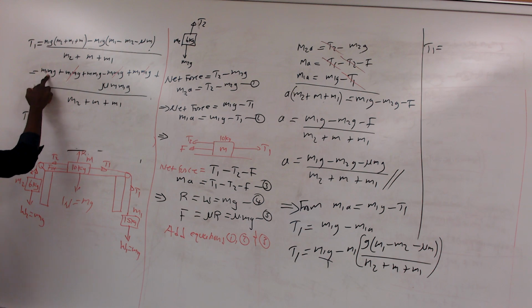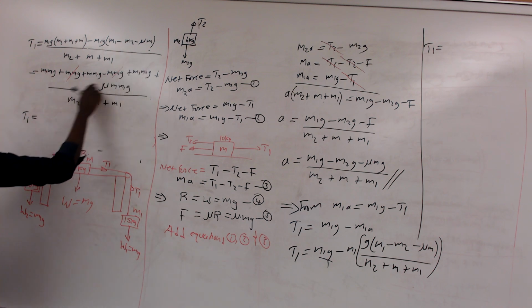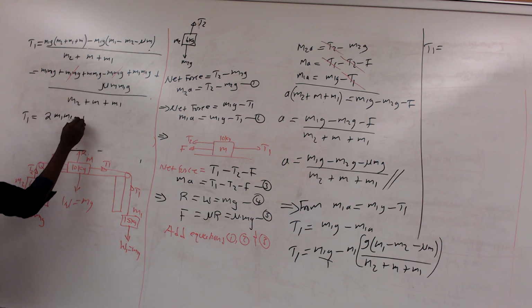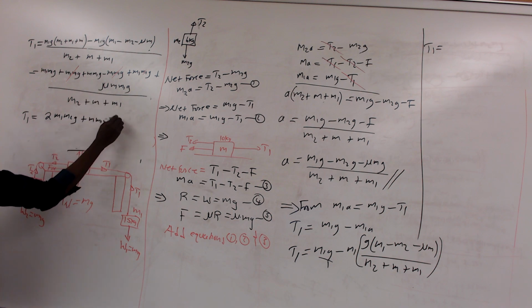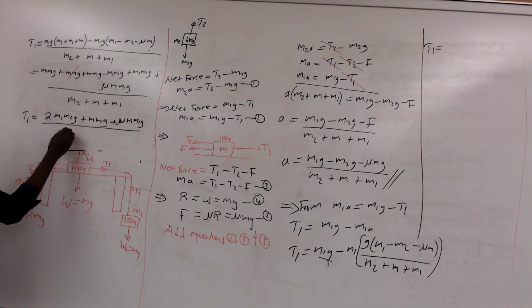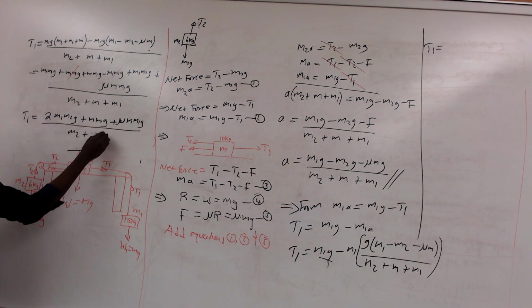So if we add M1 M2G plus M1 M2G, it's going to give us 2 M1 M2G, and it remains this plus M1 M G plus mu M M1G, divided by M2 plus M plus M1.